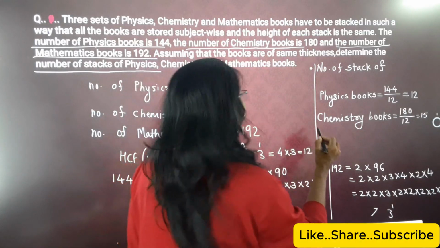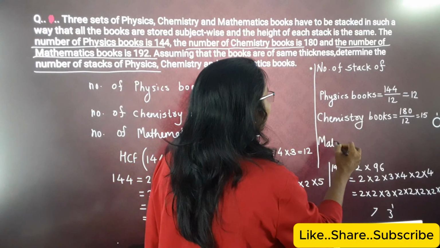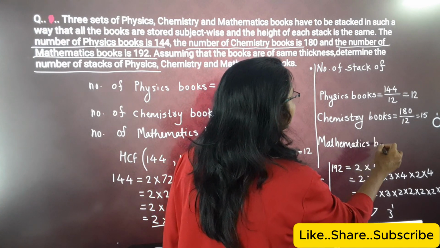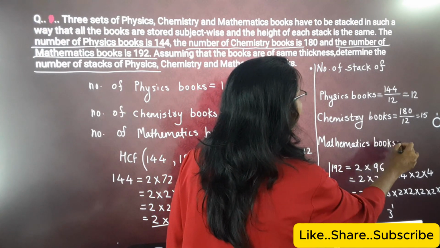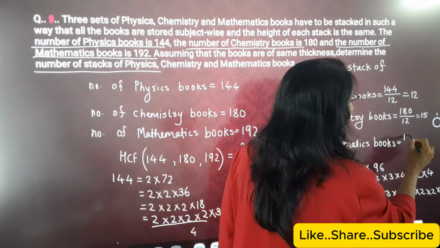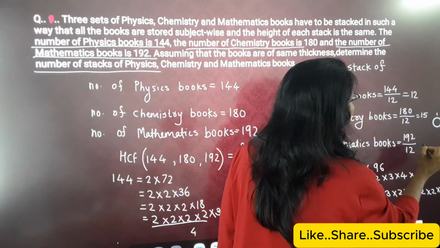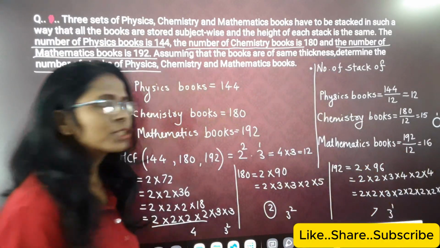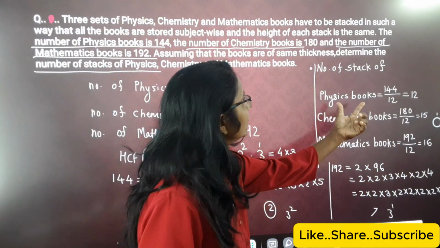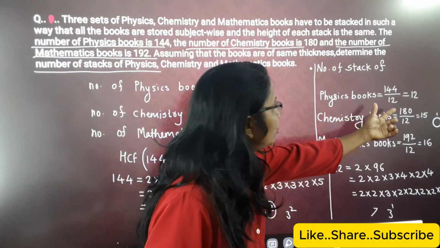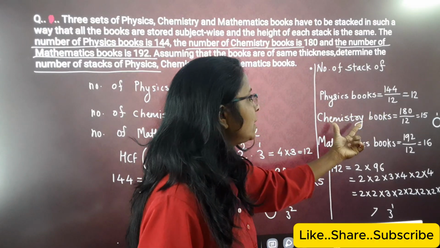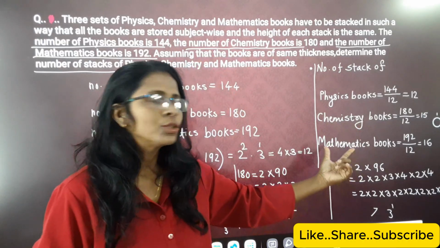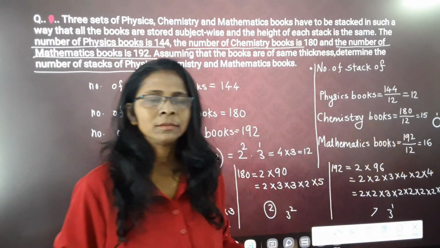And the mathematics books, 192 divided by 12, is equal to 16. In this way, the number of stacks of physics books is 12, the number of stacks of chemistry books is 15, and the number of stacks of mathematics books is equal to 16.